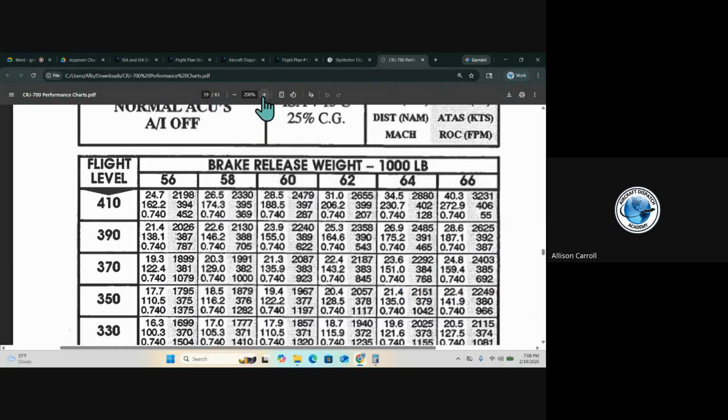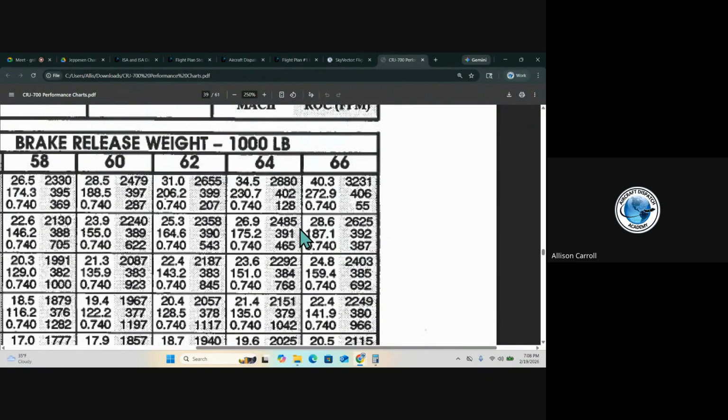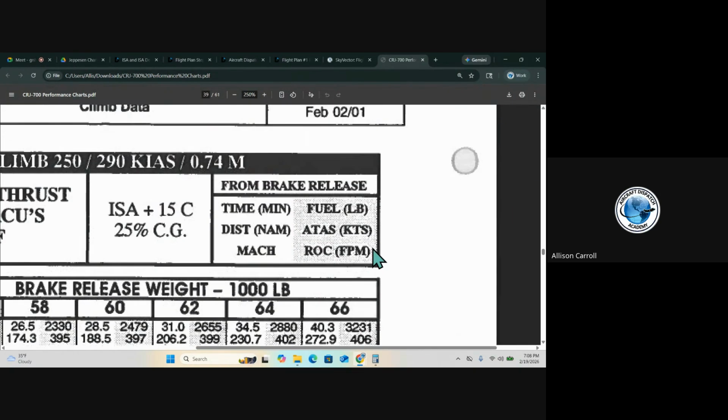And I will zoom in so you can see it just a little bit better. So these two boxes right here. Well, with all this information, you have a legend up here. Okay. So the first number is time, as in minutes. We have distance. There's a Mach speed.